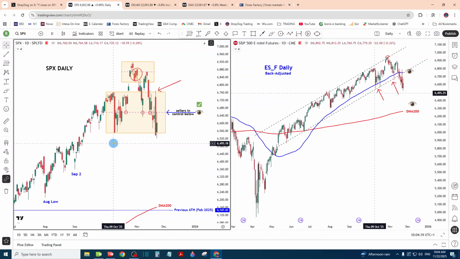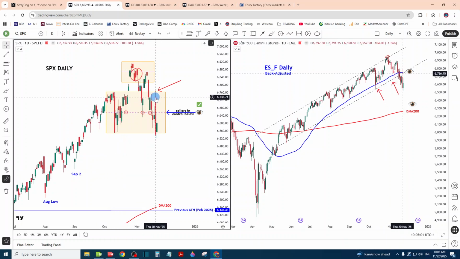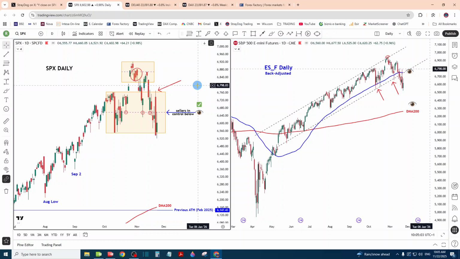Now what's the difference between this one and this one? Let's observe those two candles here on futures as well. So this one was the news driven move, and in this case daily 50 served as support and market bounced from the lower end of a channel, while this one started as a true gap up.